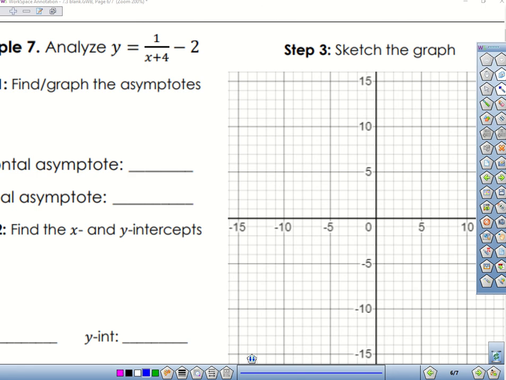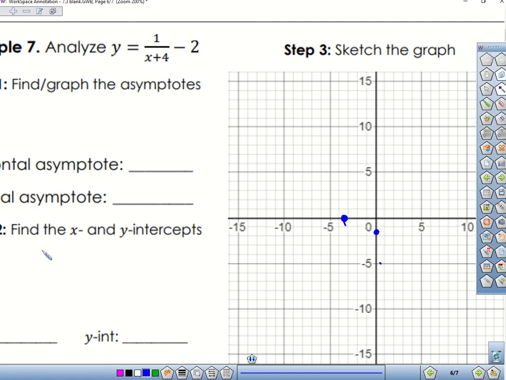So that is going to be at negative 3.5, right between negative 4 and negative 3. And then there's also going to be a point at negative 1.5. So it's going to be right around here, between these two.